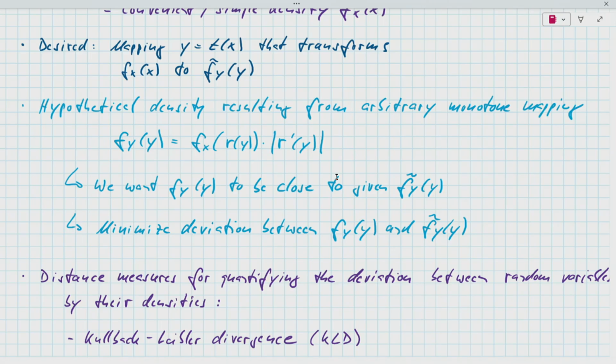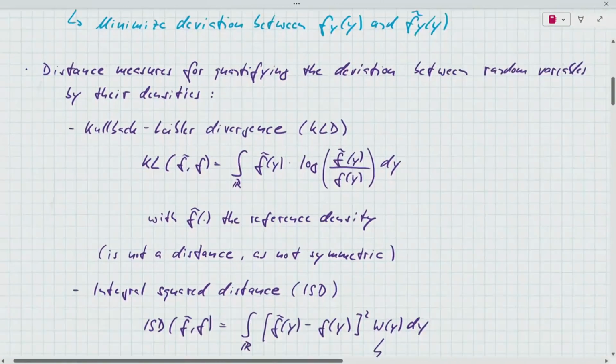I mean, you could make up some measure, but it would be wise to use one that is proven and where you have some knowledge about its properties. So we want to minimize the deviation between this hypothetical density Fy of y and the given density Fy tilde of y. And there are several distance measures that we could use.